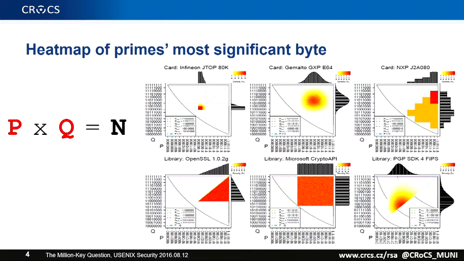For every key, we will get one point, but because we have a million of these, we will get a nice heat map. And we were really surprised by the variability we saw. This is just a few examples, but there are more.